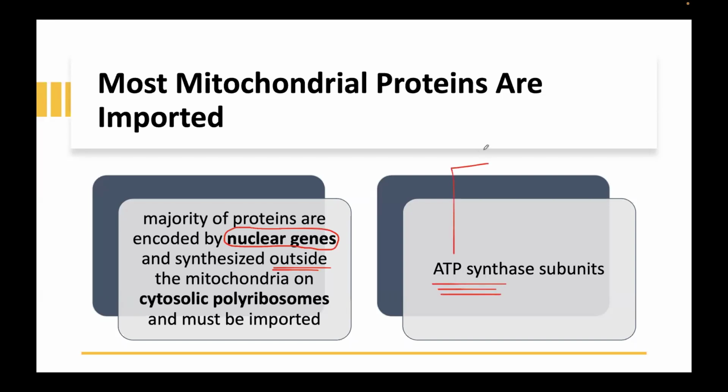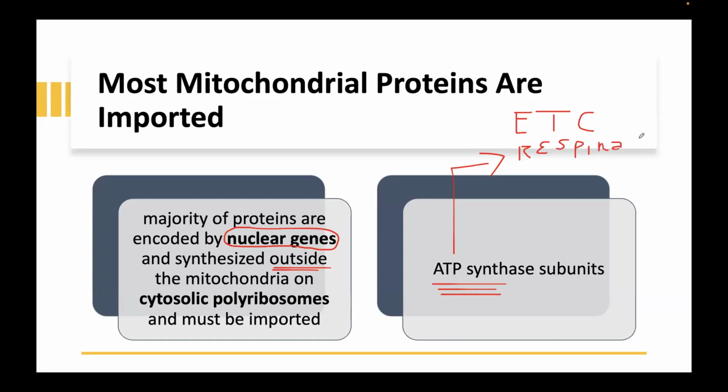Now, question. What pathway or metabolic pathway would you encounter ATP synthase? Where would you encounter ATP synthase? This is found in the electron transport chain. Would you happen to know what the other name of the electron transport chain is? The electron transport chain is also known as the respiratory chain.